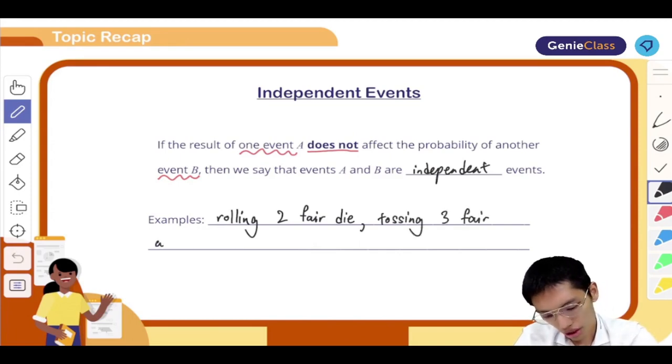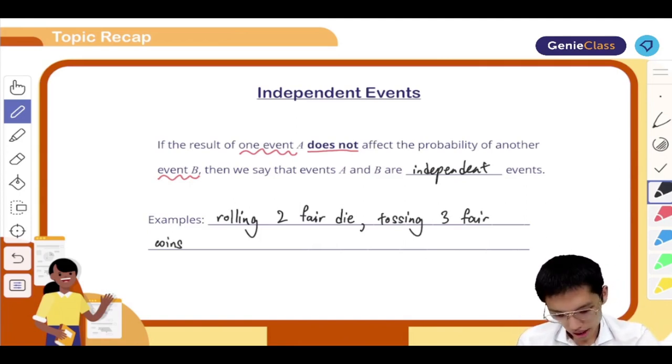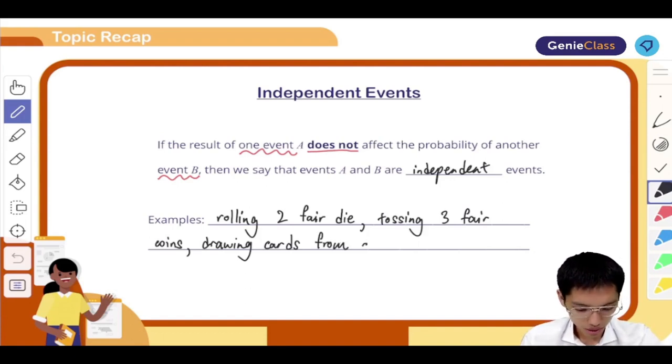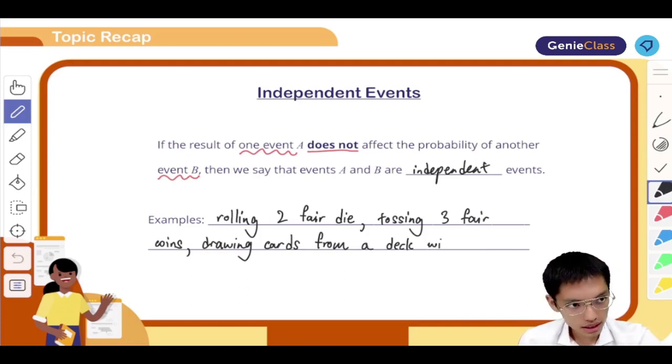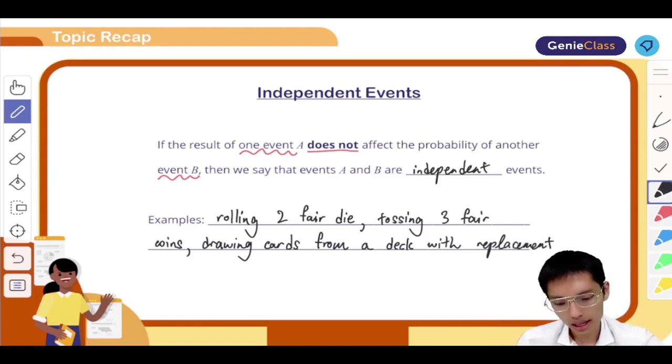Again, tossing the first coin will not affect my second coin. And lastly, drawing a card from a deck. If I draw a card, won't it reduce my probability? But take note, suppose I take that card and replace it. Same card with replacement, then this is independent.